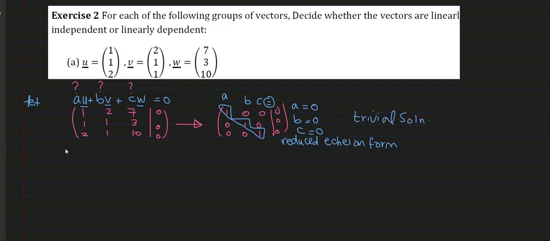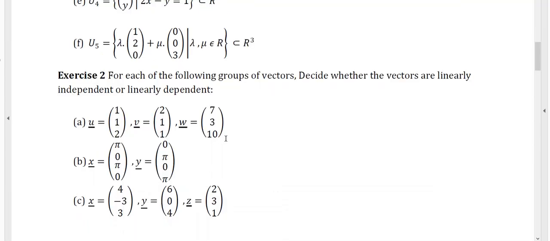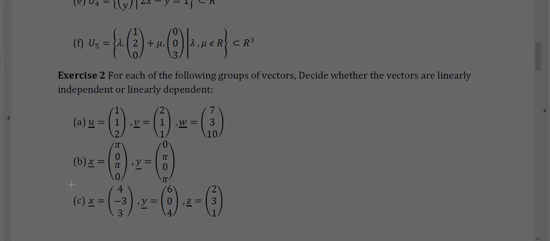And therefore, u, v, and w are linearly independent. This linear combination does not exist. This linear dependency does not exist. Then the vectors are linearly independent, right? They are either linearly dependent or linearly independent. If they are not linearly dependent, then they are linearly independent.